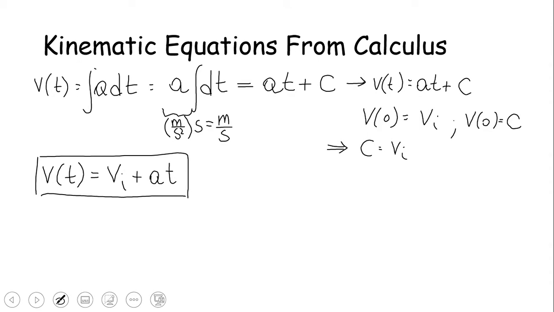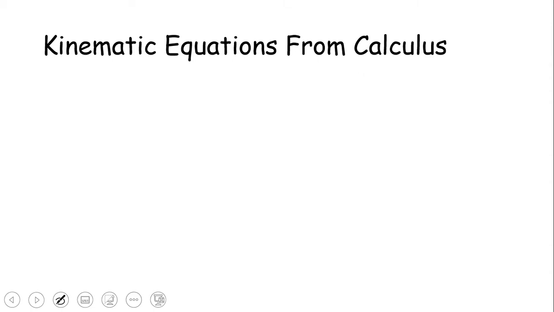Next, we want to integrate this expression once again to obtain an equation for position. So once again, we integrate this equation, and I'm going to set it directly equal to the position. The reason, again, why I know I can do that is because the units of velocity are meters per second, and the units of time are seconds, which give me meters, which are units of position.